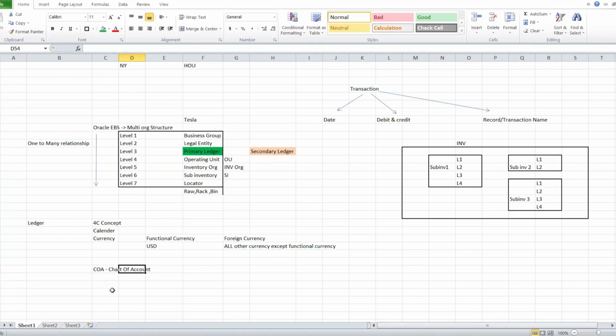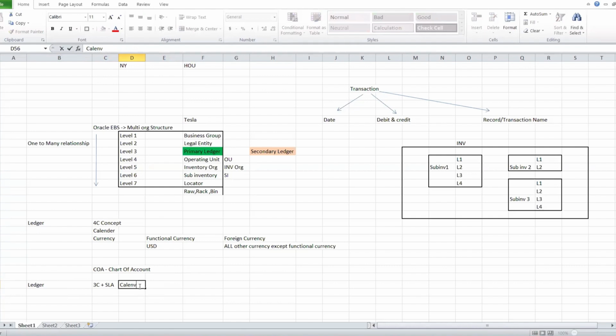Exactly. So the chart of accounts consists of all those things, those 4C. One is calendar plus currency, plus chart of accounts. So this ledger consists of 3C plus SLA. What does that mean?